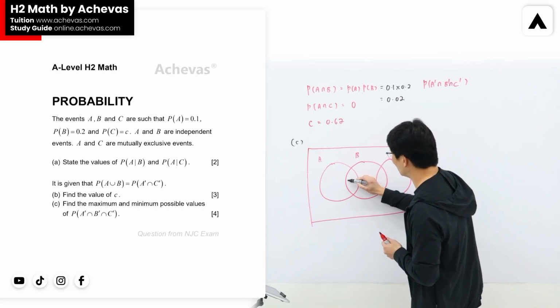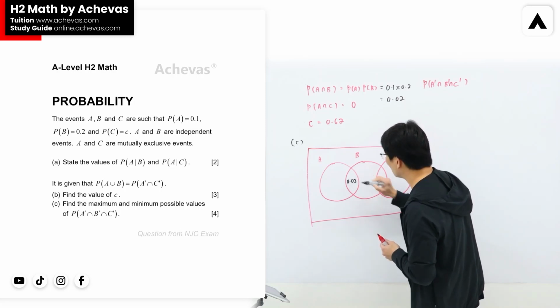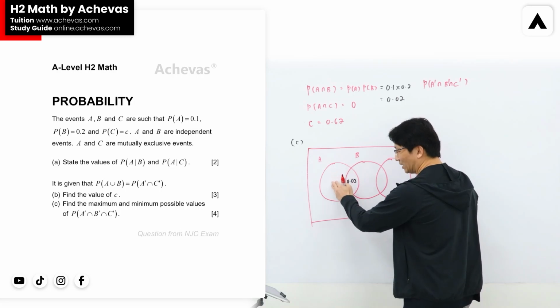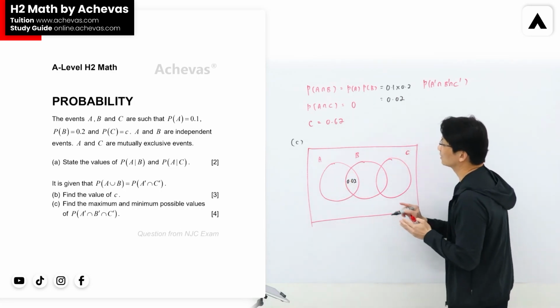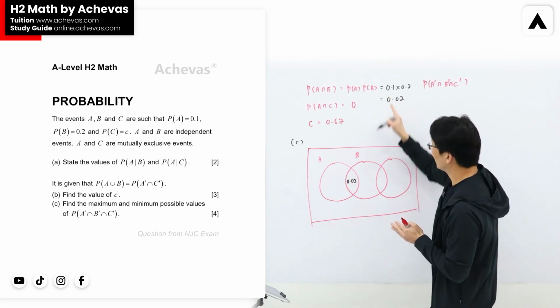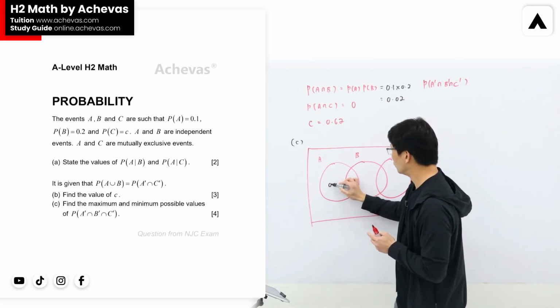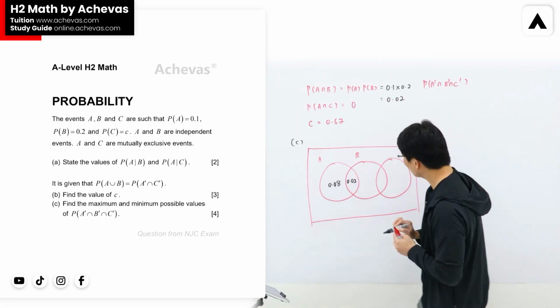So here will be 0.02. And with this, I can also compute this part here, because A is 0.1, so 0.1 minus 0.02 will give me a value of 0.08.